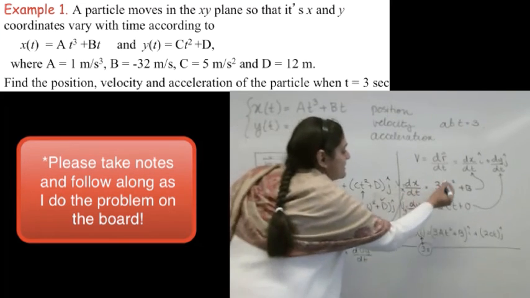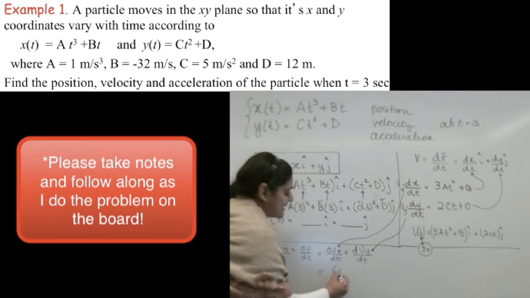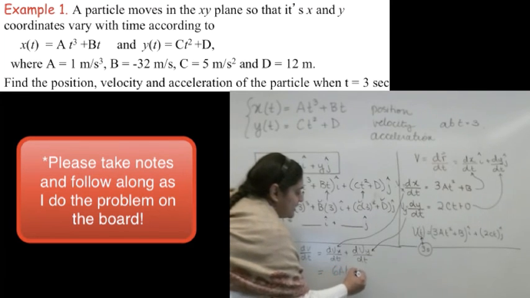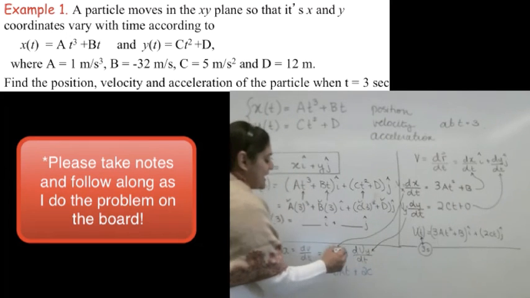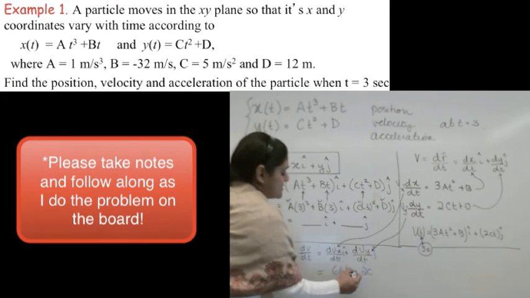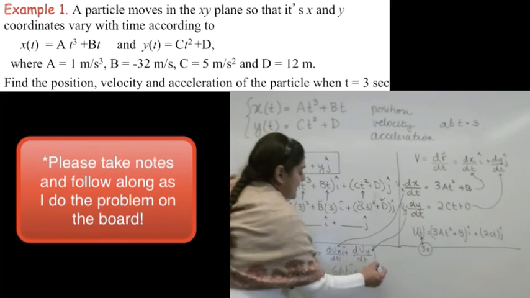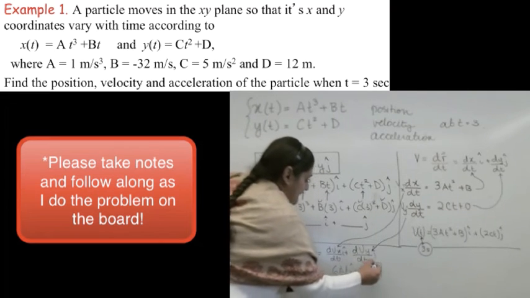Knowing that this is going to be 3at squared, I can take the derivative of it, which will be 6at, plus 2c. Notice I made a mistake: I didn't put an i and a j in here. So this will be this and that. What I'm going to be left with is a as a function of t, given by that expression right here.